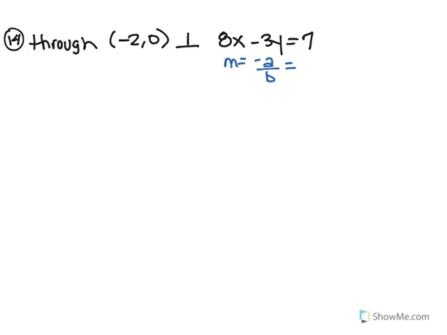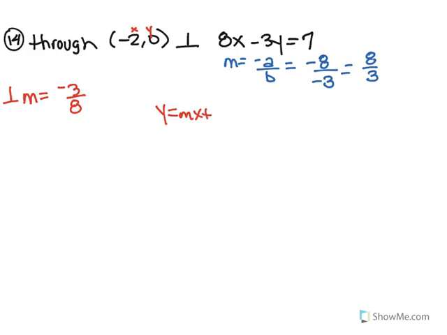So we find that slope. -8 over -3 reduces to 8/3, right? But that's his slope. I need the perpendicular slope, which would be a what? Good, -3/8. Does everybody see that? Opposite reciprocal. Opposite sign and flip it. Okay?